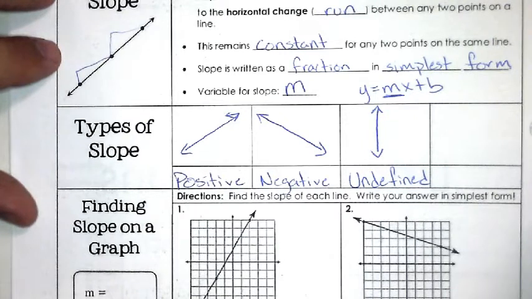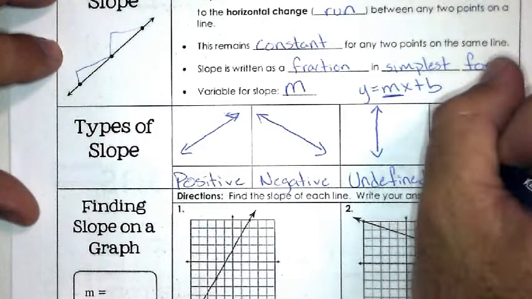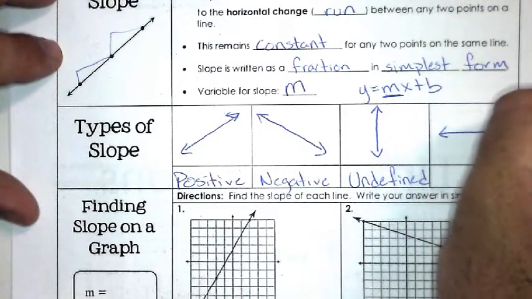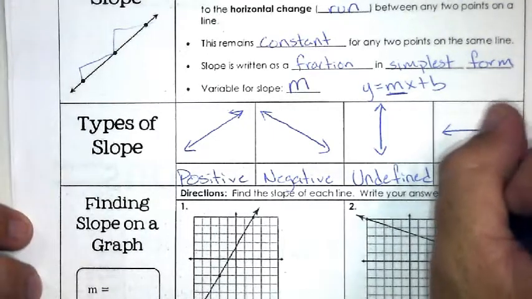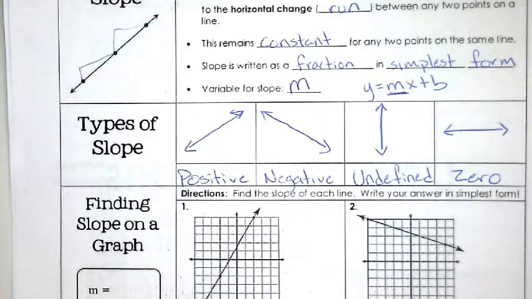Okay? What's the opposite of vertical? Horizontal. Now, a horizontal line is not an undefined slope. It is a slope of 0. Yay! 0 slope.